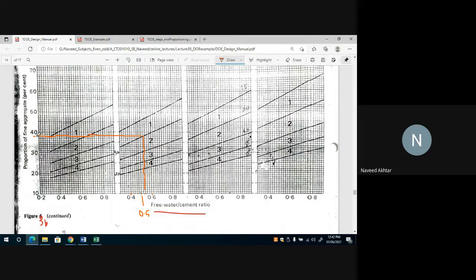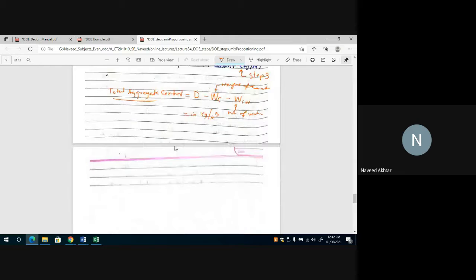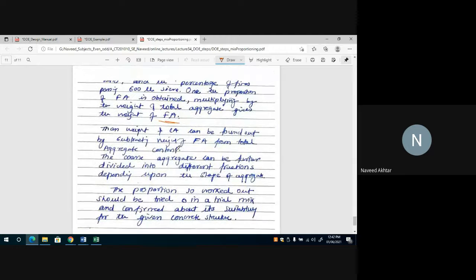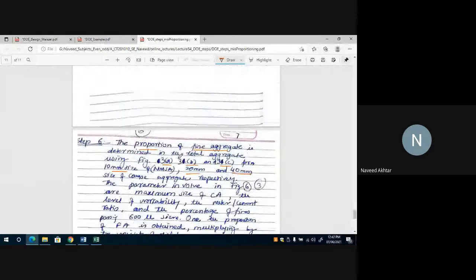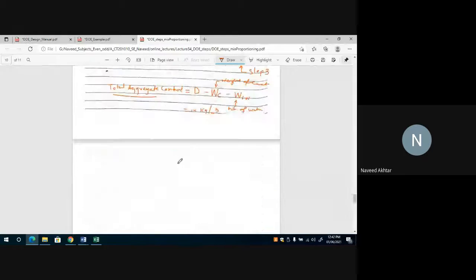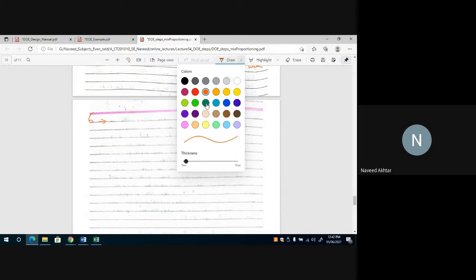It is meeting somewhere here in between 30 and 40. It is coming the proportion of fine aggregate in percentage 38%. So here our fine aggregate percentage is coming about 38%. So in step number 6, I will write down the percentage of fine aggregate we have found from the graph, from the figure.